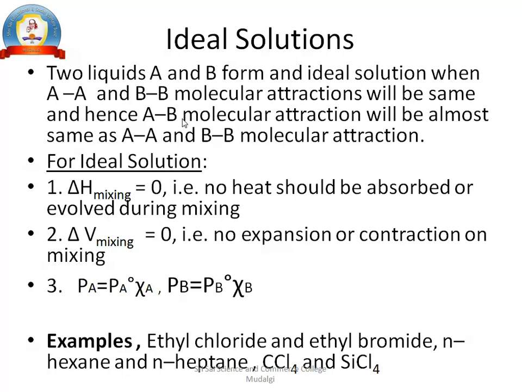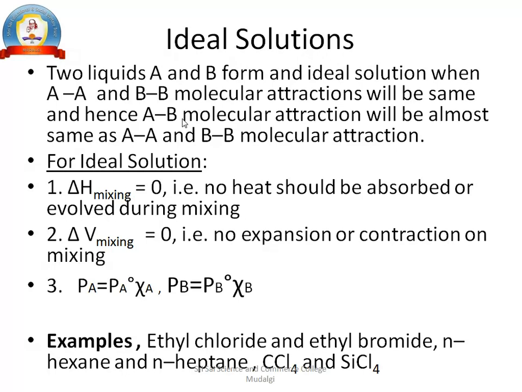Now I am going to mix ethanol in water. What should be the total ml? It is 10 plus 10, so the total volume will be equal to what? It is 20. Here the force of attraction between AA and BB will be the same as that of AB molecular attraction. So for an ideal solution, the volume always remains the same. It does not change or decrease.